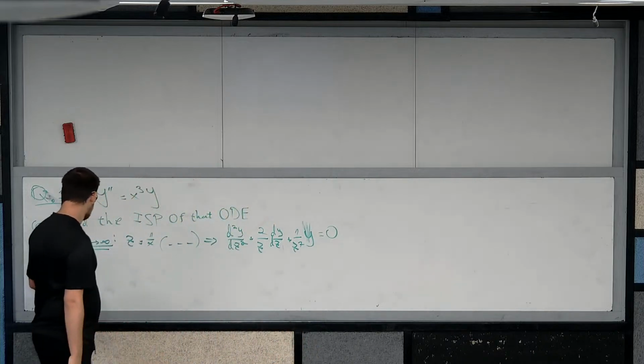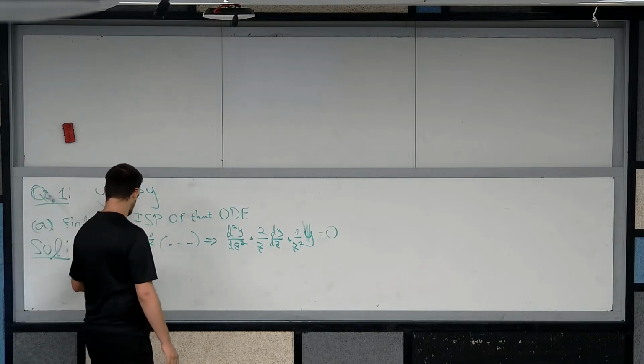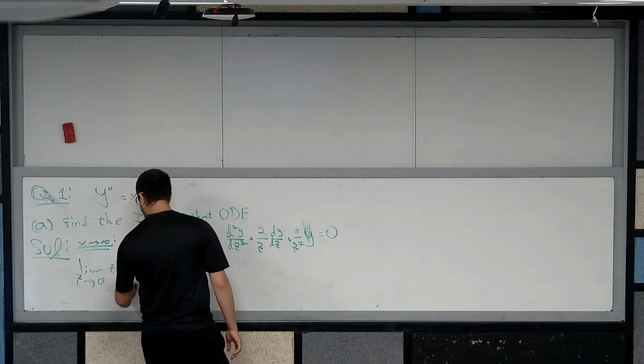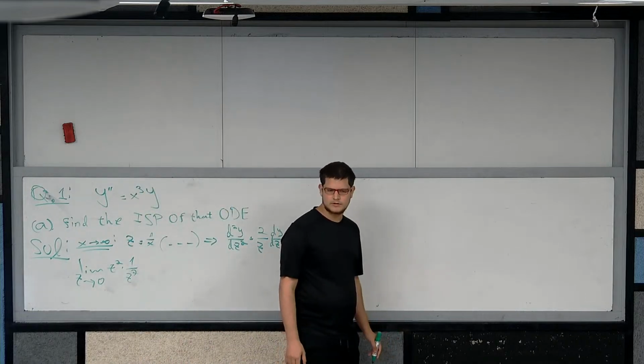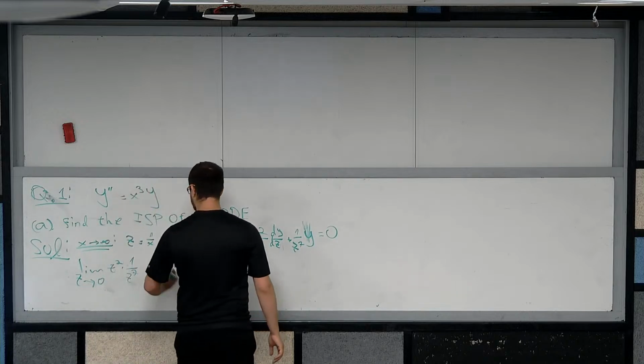But when we take the limit of z to 0 of z squared times 1 over z to the 7th power, the coefficient of y, we will get infinity.